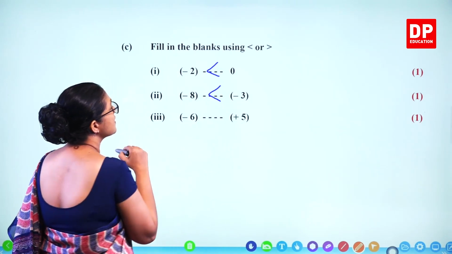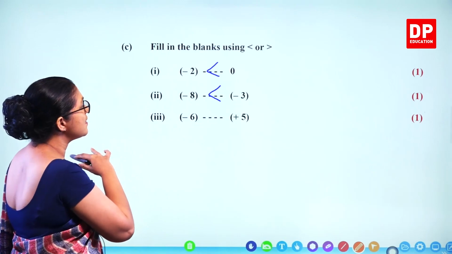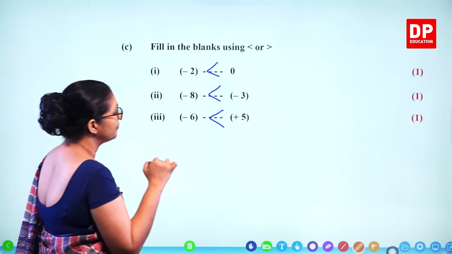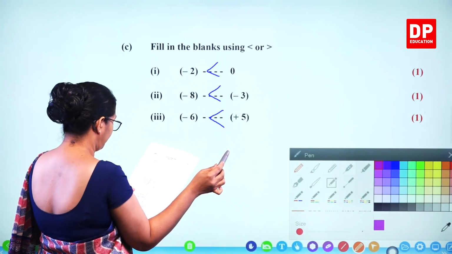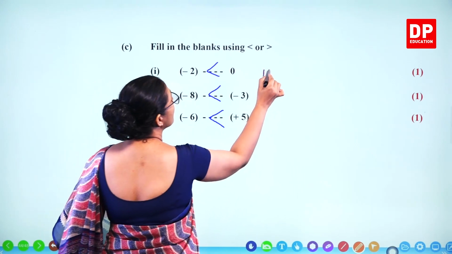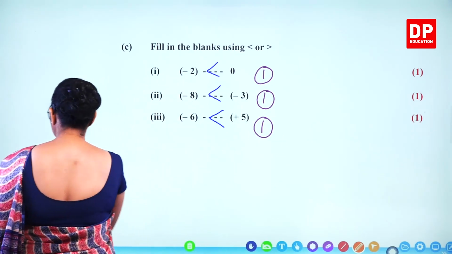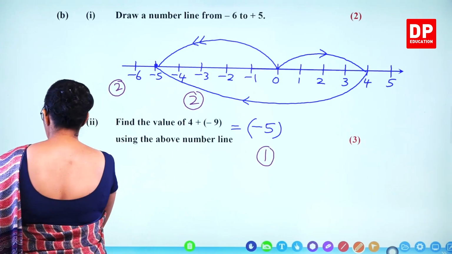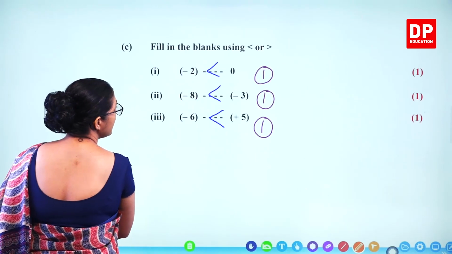So that's less. -6 and 5. -6 is towards the left side. That's also less. So you get 1 mark each. So this is 3 and 5, 8 and 3, 11 marks for that question.